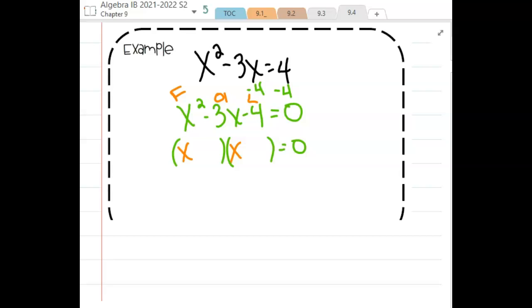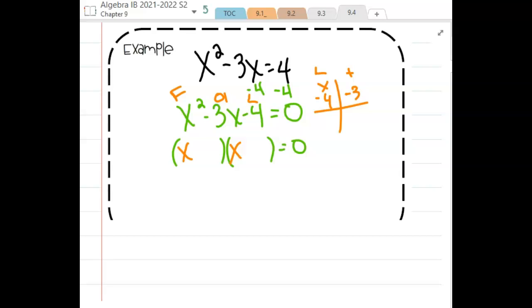Now this is where we jump to the L, because I know I'm going to multiply those two numbers and get negative 4. When you take this times this, that's your L. Your last terms multiplied together give you negative 4. But remember, the O and I combine, add to give you negative 3, that middle term. So multiply to give you the L, add to give you the OI.